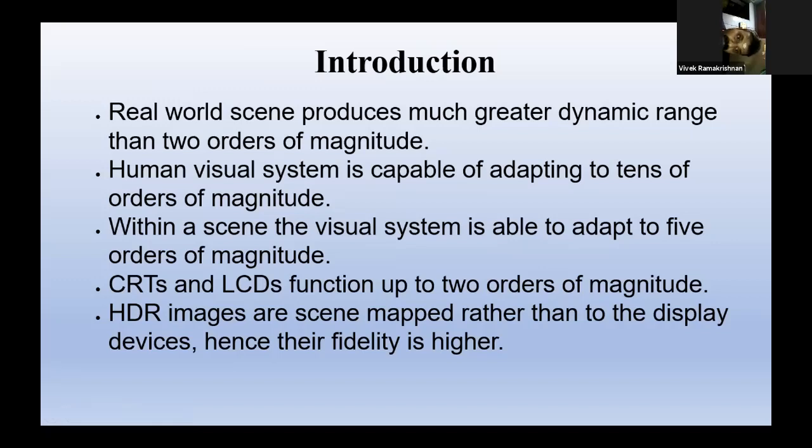So we are able to feel it through our eyes. Within a scene, the visual system is able to adapt to orders of magnitude, but is it possible for the device to adapt?